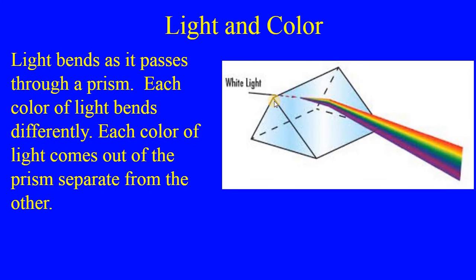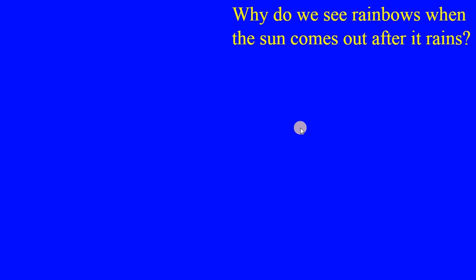If you have a translucent prism, it'll shine through it, and then this is what you will see outside as the light comes out. So as light passes, light bends as it passes through the prism. Now each color of the light bends differently, and each color of the light comes out of the prism separate from another. Now, why do we see rainbows when the sun comes out after it rains?